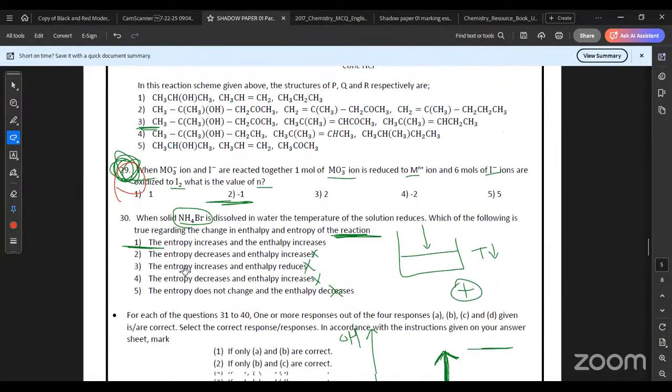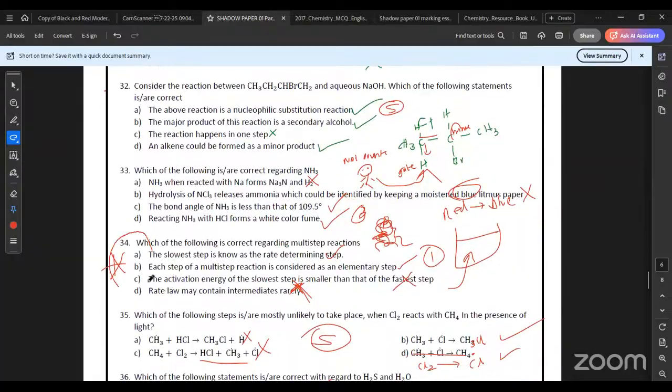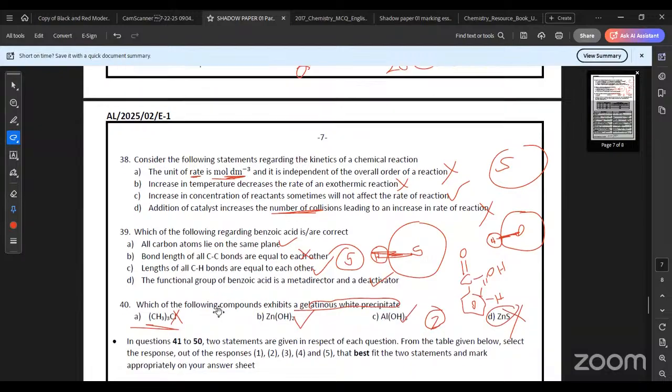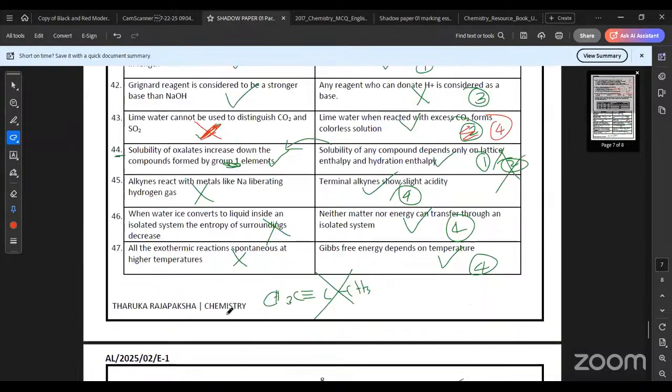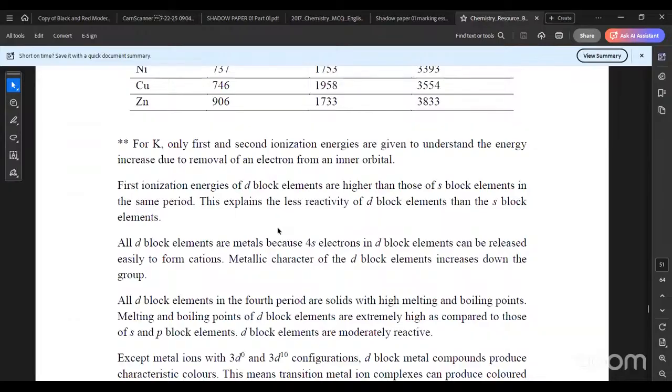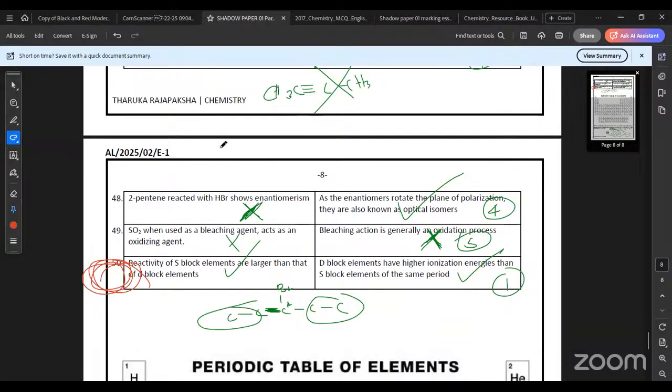This one. And this one is important. I told you to highlight that resource book point. This one. This part. Right. Okay, then.